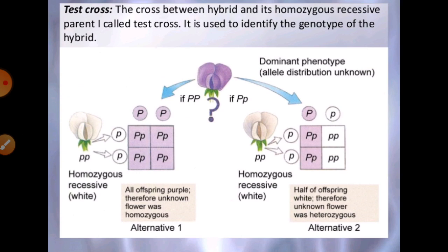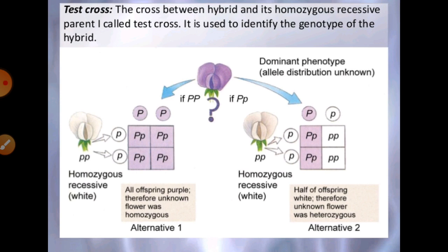The hybrid plant is found in such diagrams as you can see over there, right. In this particular diagram, this purple color is dominant, which can be found as the hybrid plant, and it is crossed with our homozygous recessive, that is the white flower, right.